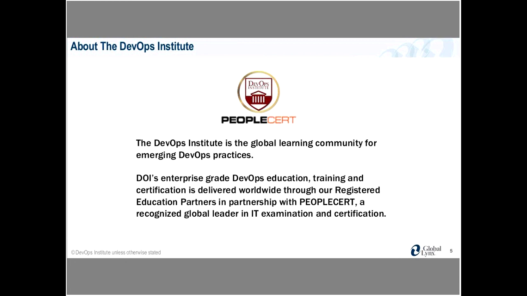In fact, you're going to see in a couple of slides here that there are a number of different sources that you can use to help you with your DevOps implementation. The DevOps Institute was started in 2015 and now has registered education partners like Global Links in more than 20 countries.